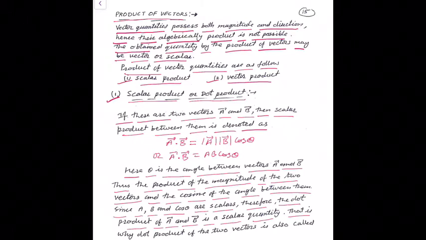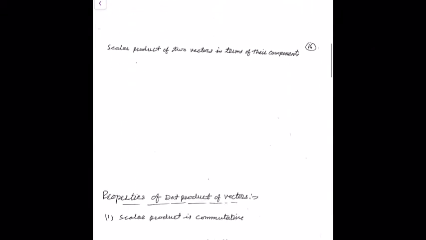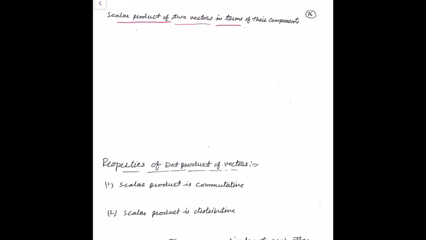That is why the dot product of two vectors is also called scalar product. Is it clear? So next, scalar product of two vectors in terms of their components.